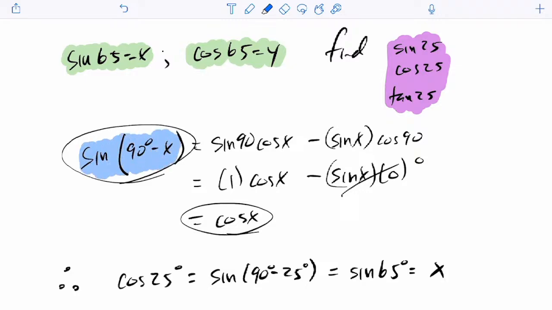Are you able to follow that, Tareem? So the sine of 90 minus x we showed was cos of x. So I let x be 25, and I end up showing the cos of 25 is equal to the sine of 90 minus 25, but that's sine 65 as we know. 90 minus 25 is 65, and that's your x value.